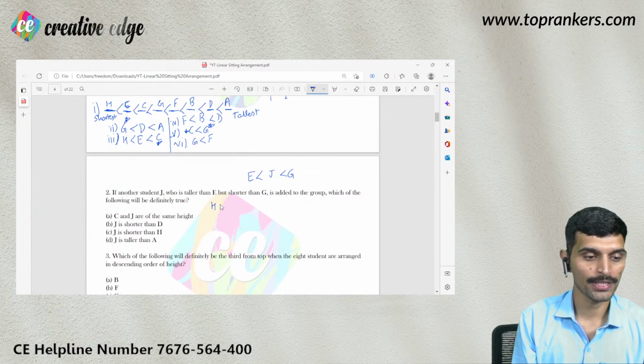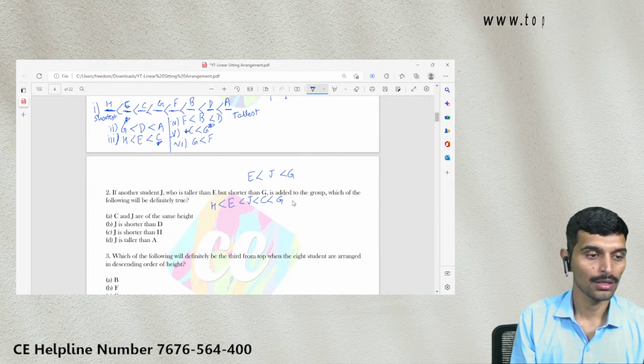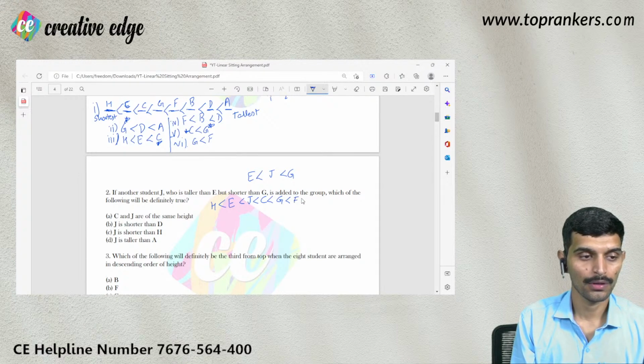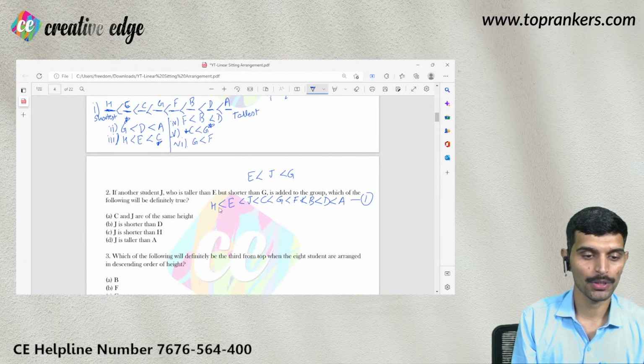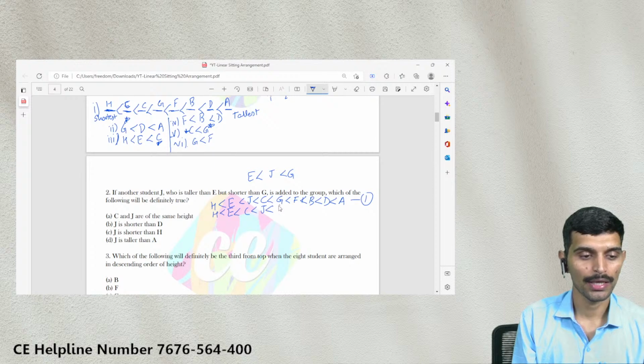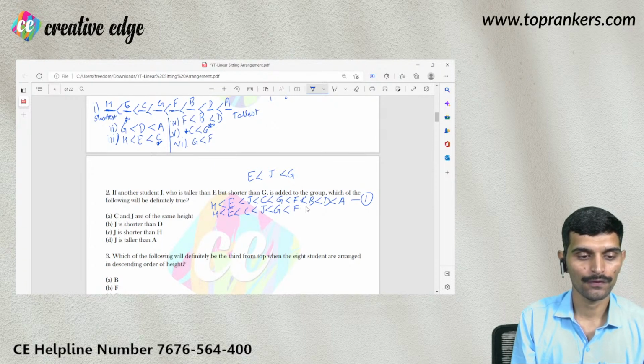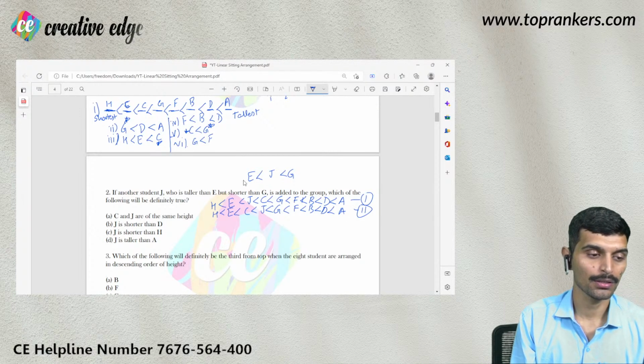One possibility is H, E, J, C, G, F, then B, D, and A. Second possibility could be H, E, C, then J, then G, then F, then B, then D, and A.